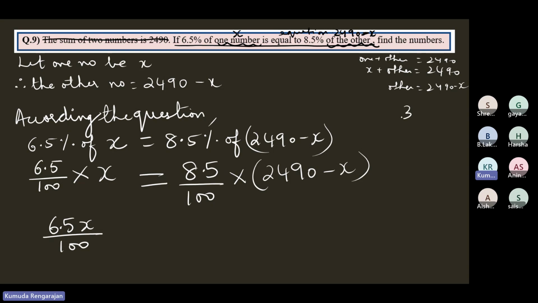Like how do you simplify 3 by 4 into x? You write it as 3x by 4. In the same way, 6.5 into x is 6.5x by 100, is equal to 8.5 into 2490 minus x by 100.